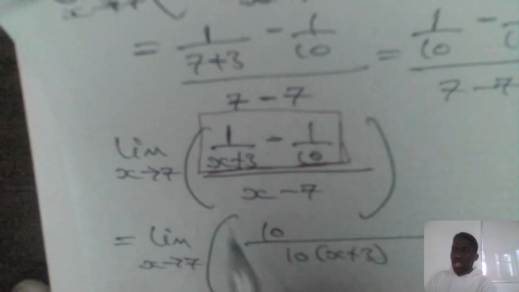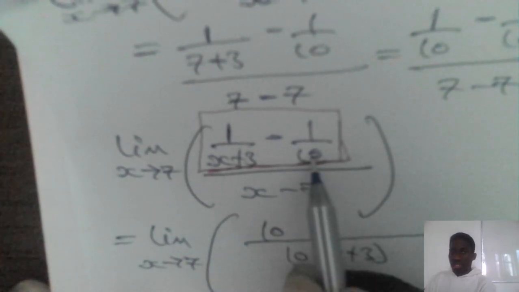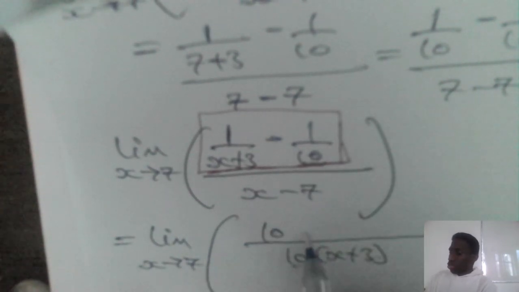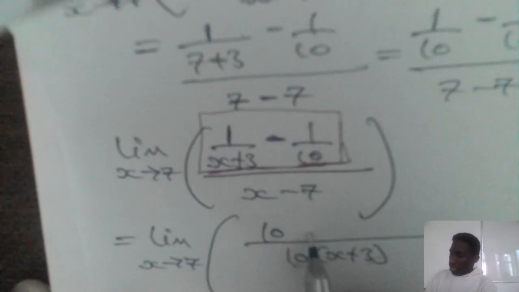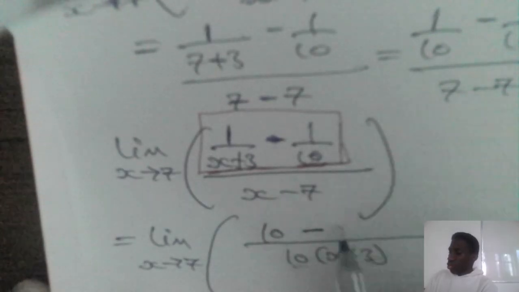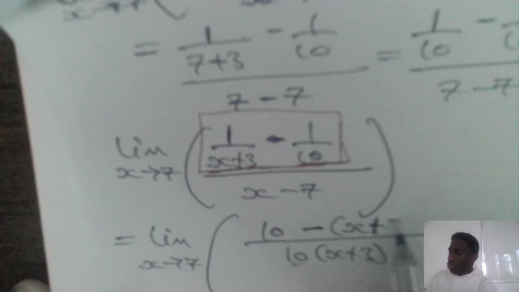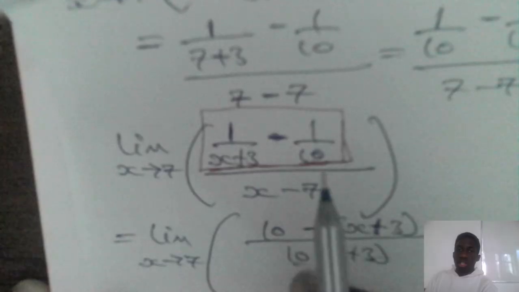The x plus 3 will cancel and you'll be left with 10. Then this again divided by 10 is going to be x plus 3. So we look at the minus sign here. We write the minus sign first, and then we have x plus 3. That's the result from dividing 10 times x plus 3 by 10.